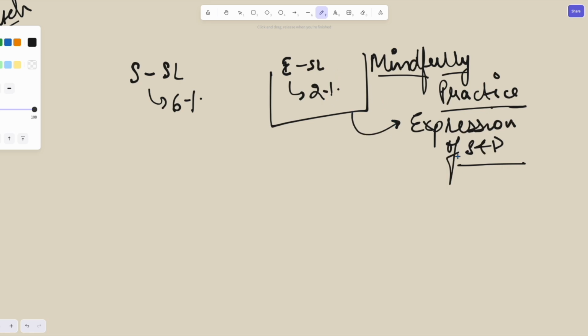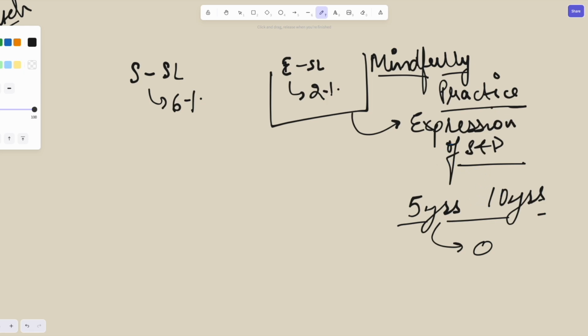It doesn't come from years of experience. I've seen people who say I have experience of 5 years in the markets or 10 years. Well, if you were not mindfully practicing, this is equivalent to zero. This doesn't help over here.